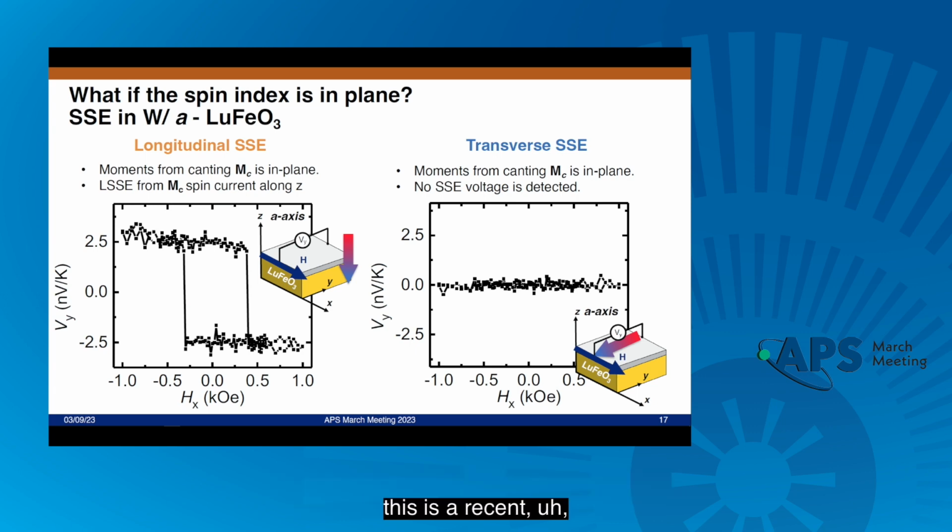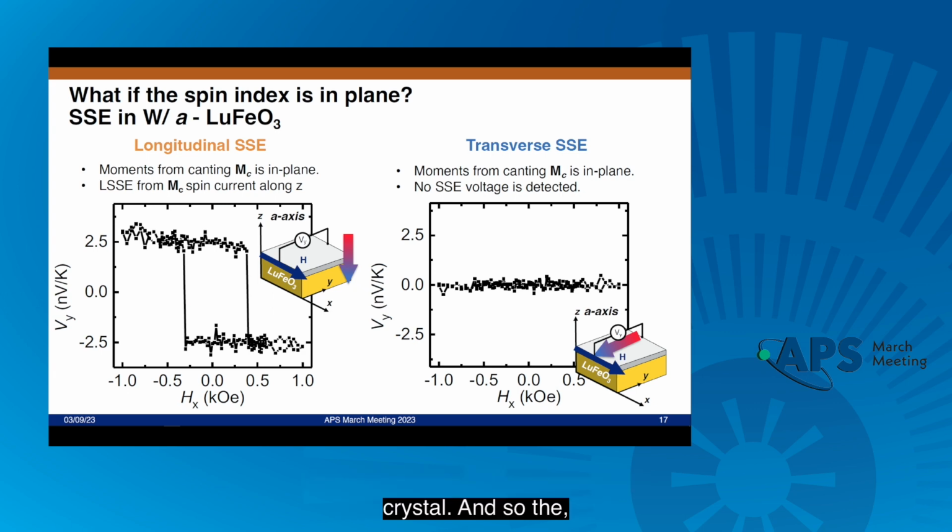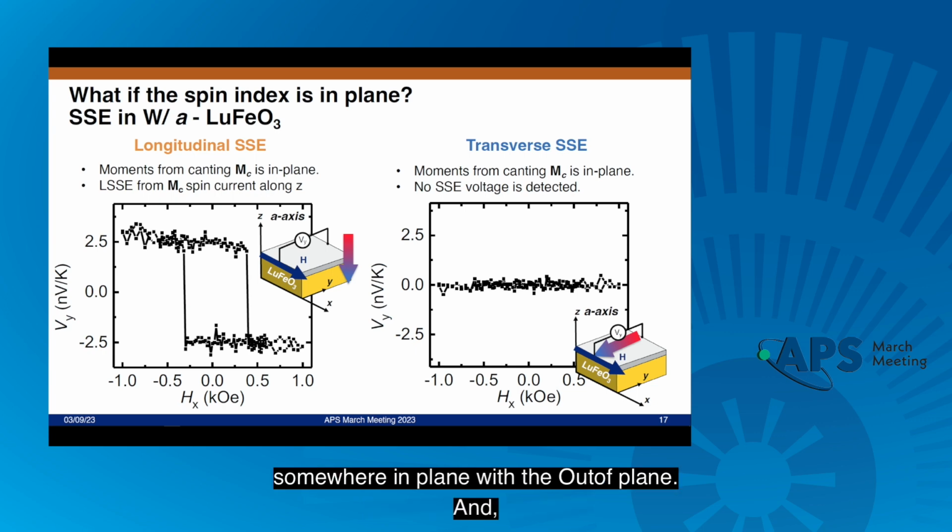This is a recent experiment that we have done with a piece of A-oriented lutetium ferrite crystal. So the A-axis is along the z-axis, and the canting moment is somewhere in plane.